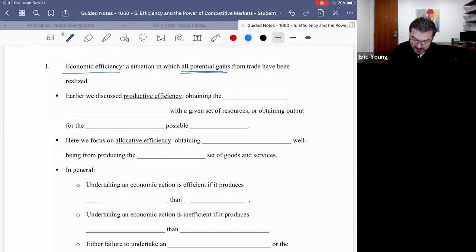Now, earlier, we discussed the idea of productive efficiency, which we defined as obtaining the maximum possible output with a given set of resources, or seen differently, obtaining output for the lowest possible cost, okay?